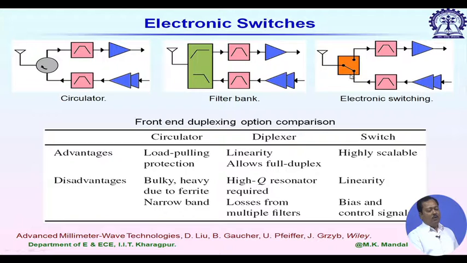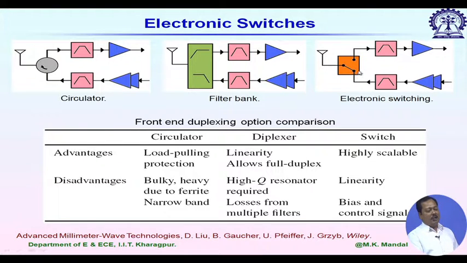So, two important characteristics it should have: very good isolation between the input side and output side, or receiver side and the transmitter side, because transmitting power is very high, it can be of the order of a few watt, and received power is typically of the order of nanowatt or even less than that.